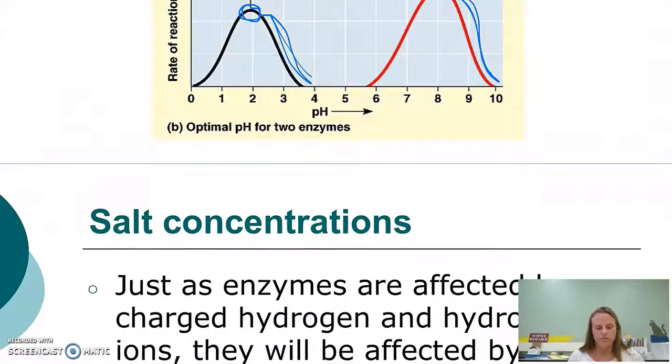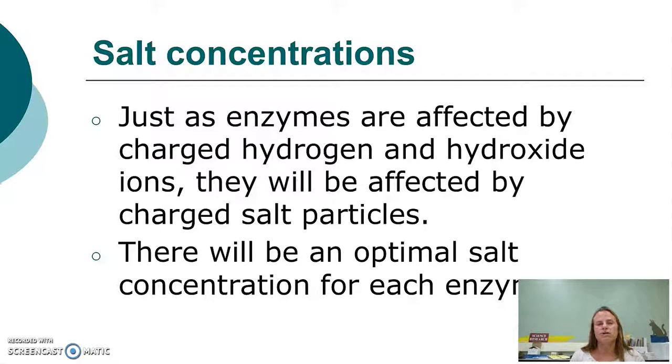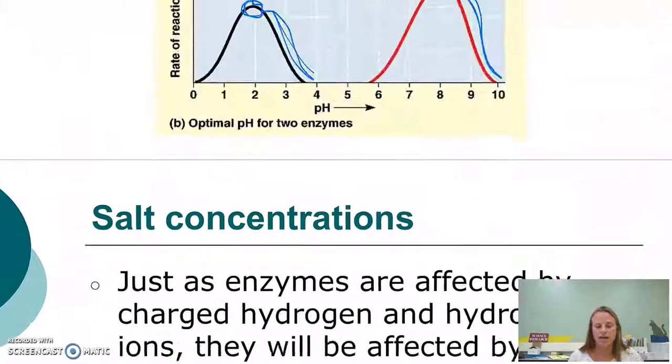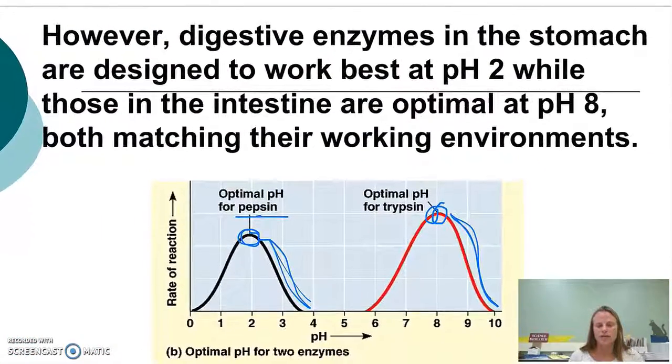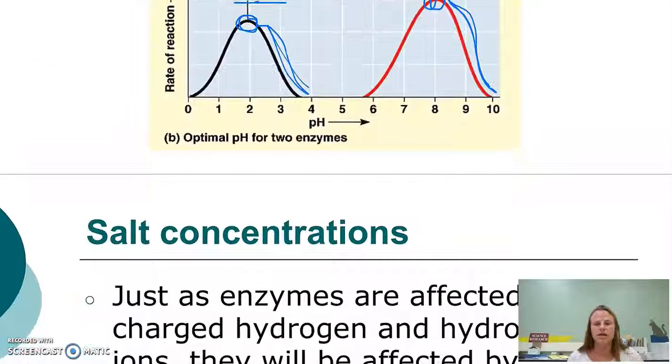Another factor that's going to affect our rate of chemical reaction is salt concentration. Just as enzymes are affected by the charged hydrogen and hydroxide ions which come from pH, when I have a lower pH, it's because I have more hydrogen ions. When I have a higher pH, more basic, it's because I have more hydroxide ions.